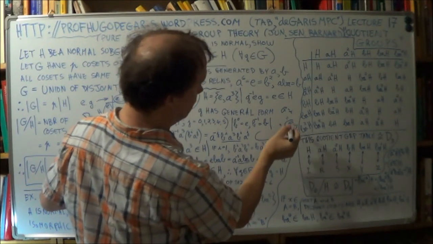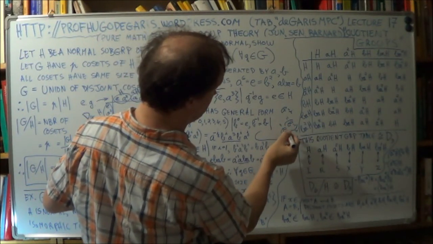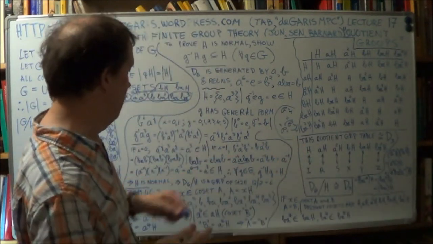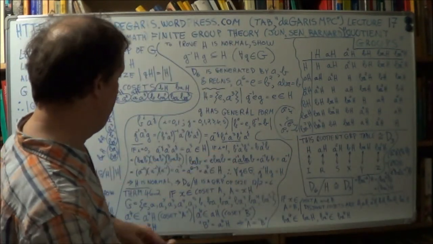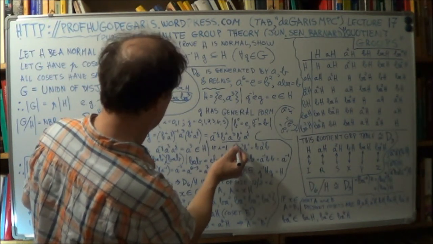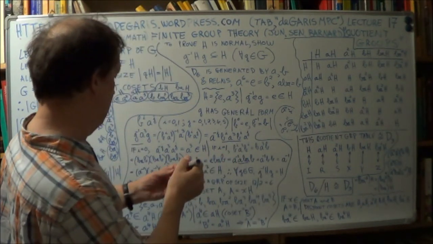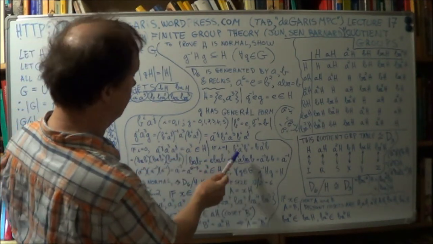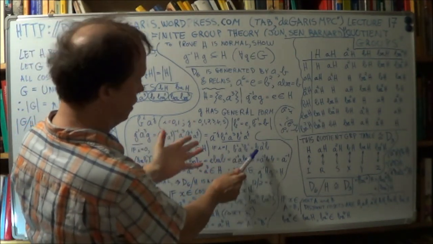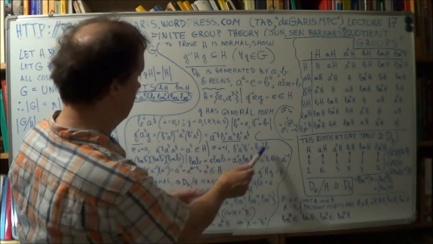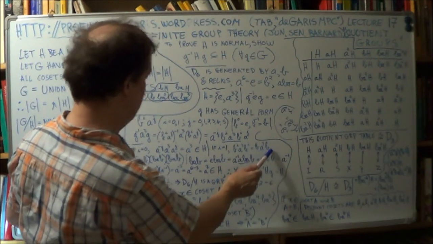But b squared is e, so b inverse is itself, so it's just b to the i. Right? So I don't have to put a minus i here. Okay, now, i is 1, so b to the i, a cubed, b to the i is just b a cubed b, right? Because i is now 1. So we've got that, b a cubed b.